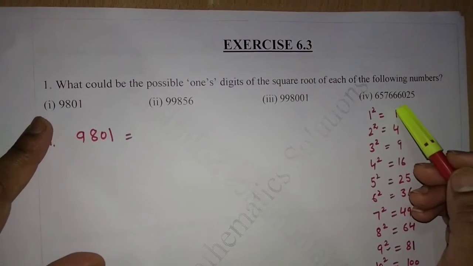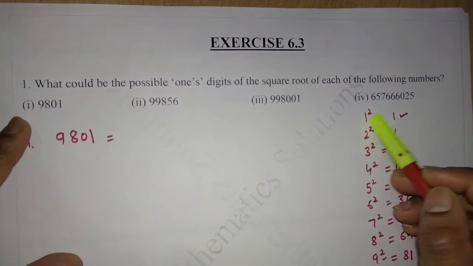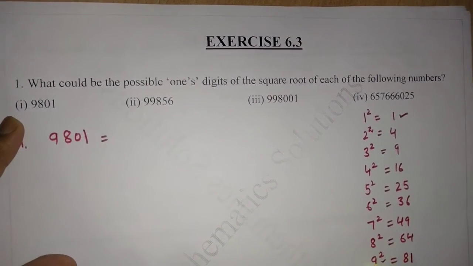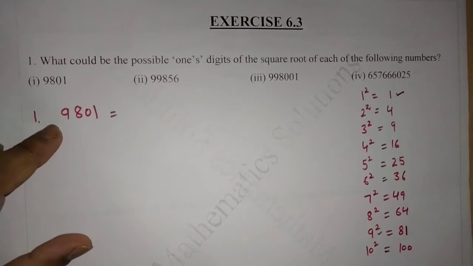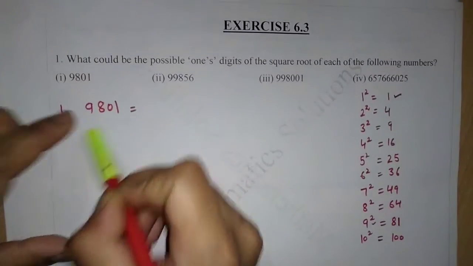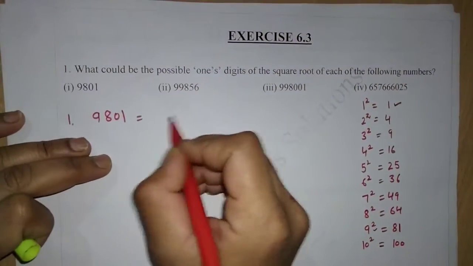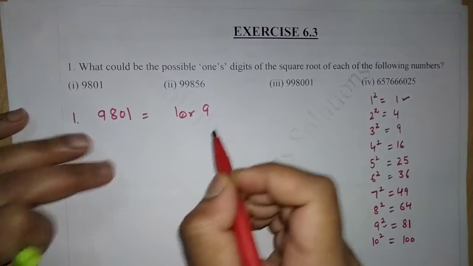So the possible ones digit of the square root of this number is 1 or 9.